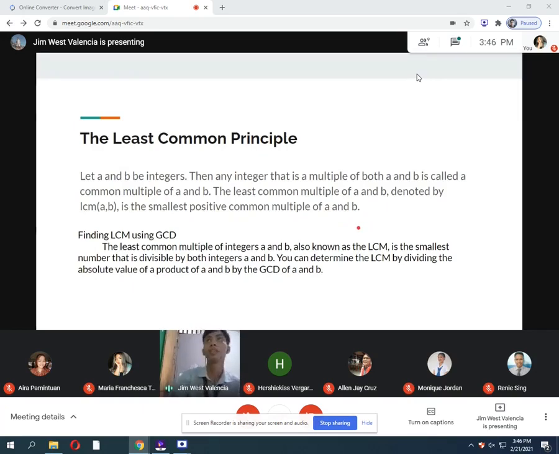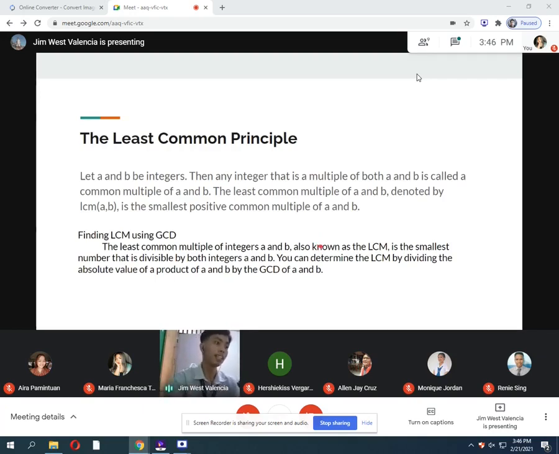Ang least common multiple ay kung saang pinakamababa na magtutugma ang number ayon sa given na number. Okay? Itong technique na to, isa pa to sa method na ginagamit natin para mahanap ang least common multiple.